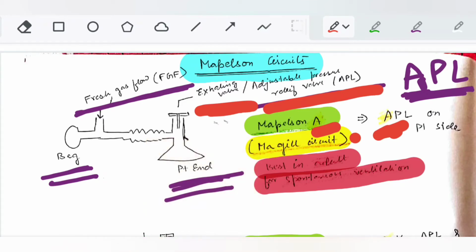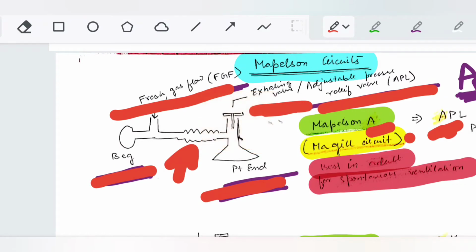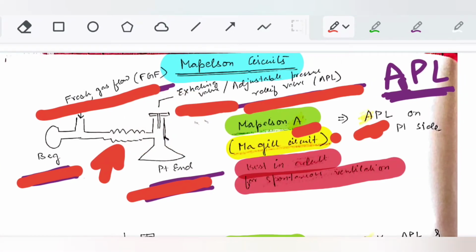So by that we can remember that in Mapleson A the APL will be on the patient side. Now we see the reservoir bag and fresh gas flow. This is the convoluted tubing. Here is my patient end, and here the APL valve is there. So Mapleson A circuit, APL on patient side.